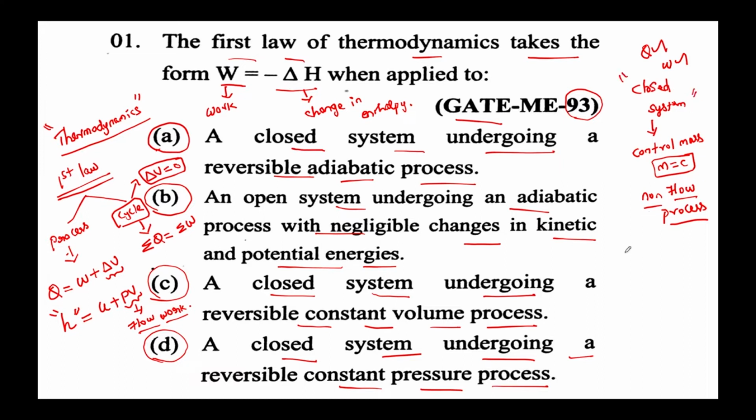Whereas an open system allows both heat interaction and work interaction, and in addition it is also connected with mass interaction or mass transfer, and hence it is also called a flow process.